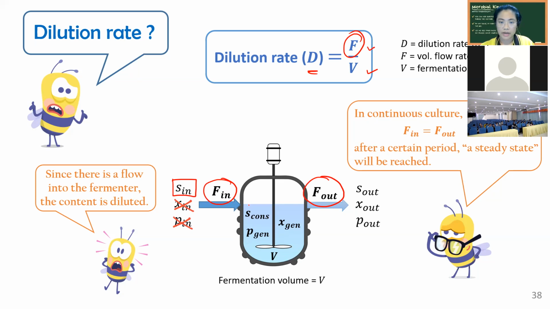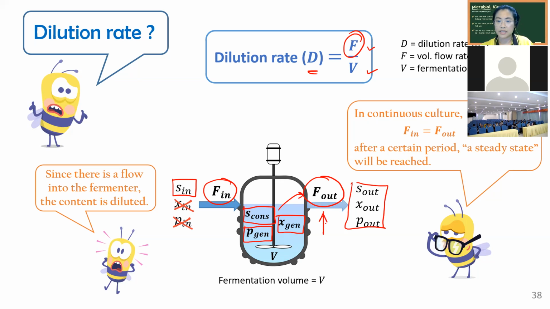The substrate gets consumed in the fermenter while cells and product are generated. So in the fermenter you have substrate, product, and cells, and these three things go into the flow out of the fermenter as well. That's why you have these three things out as your product stream.